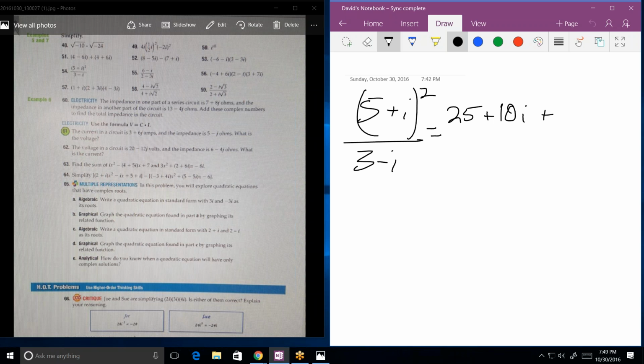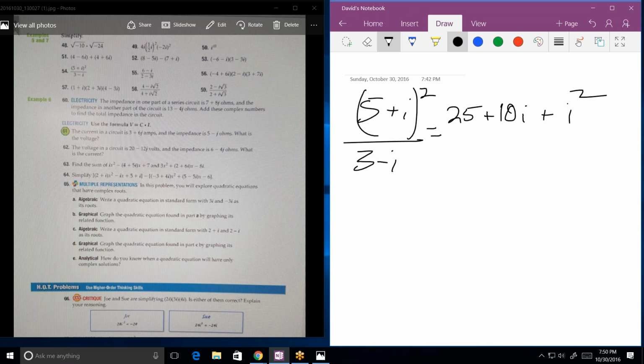What's b? B is i. And this last term is b squared. So 25, or i squared. In other words, I foiled that, but I didn't foil it. I did it based on knowing that a plus b squared was equal to a squared plus 2ab plus b squared.